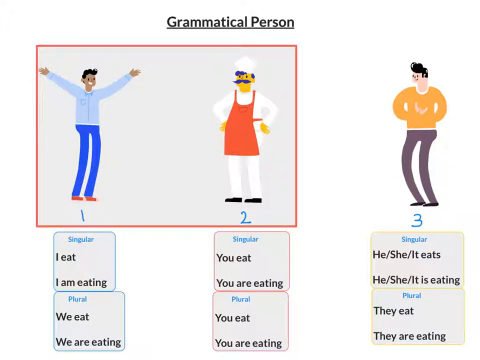Now, in English, depending on the gender of this person, we may say he, she, or it. So he eats, or she eats, or it eats. Let's say we're talking about an animal, we'll say it eats. Okay, so that's about grammatical person. In the next video, we are going to see how this grammatical person is expressed in Greek.